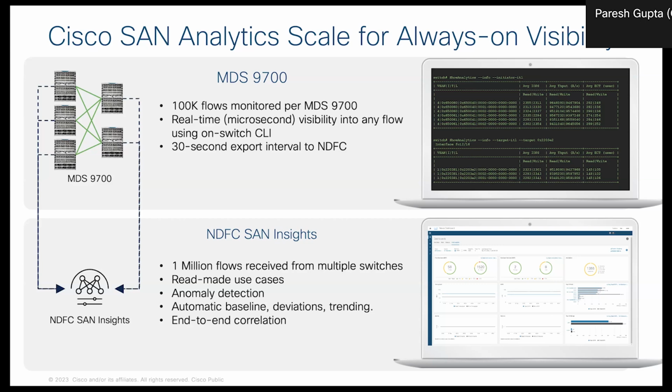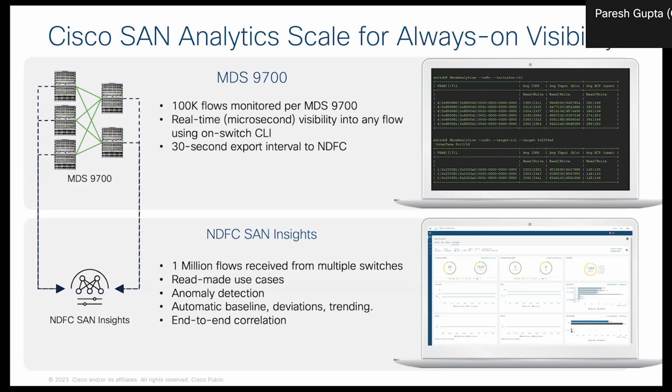There's also a lot more use cases. Again, probably a conversation for another day, but there's automatic baselining happening, there's deviation trending, there's end-to-end correlation all the way between the VMs and your LUN or namespace, right? So the key point for the context today to remember is the higher scale.